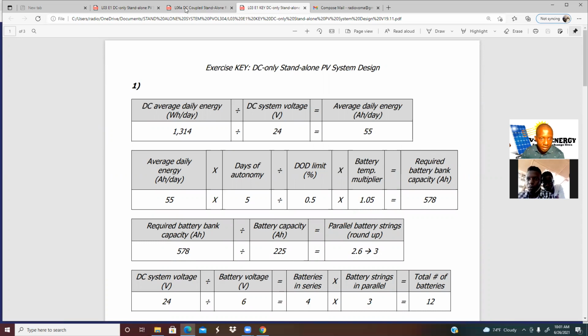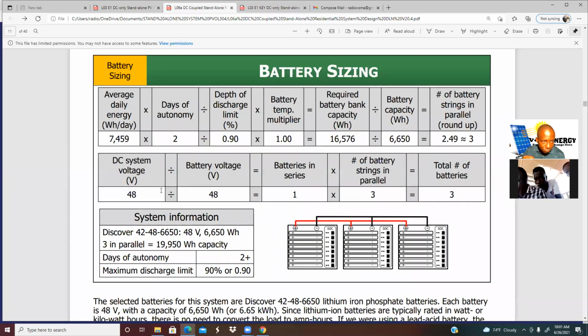But if you look here under this material: average daily energy, days of autonomy, which means the number of days you set your battery for how long your system can run only on batteries. On flooded, cloudy or rainy days, you're going to need to size your battery based on that.